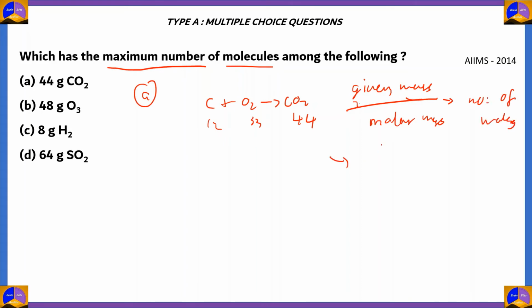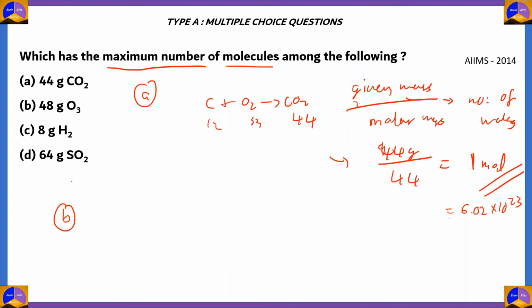And over here, the given mass is 44 grams, that is option 1, divided by 44. So that gives you 1 mole. And that is basically 6.02 into 10 raised to 23 molecules.